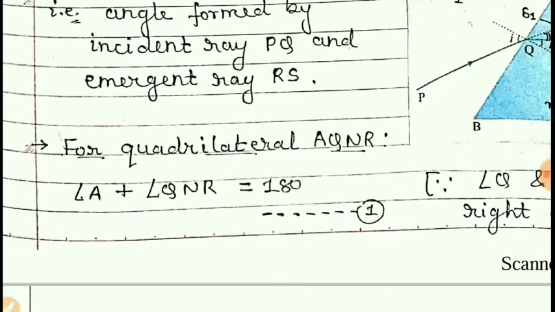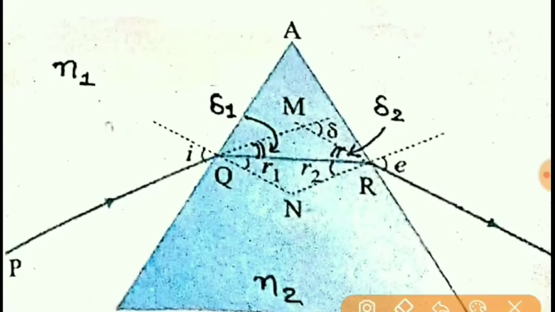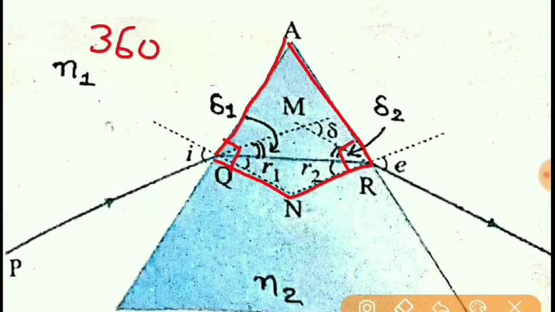Now let us start with the quadrilateral AQNR. Students, here you can see A, Q, and R. This is a quadrilateral. Here you can see this angle, they are 90. For this quadrilateral, these two angles are 90°. And we know that the sum of all the four angles of a quadrilateral is equal to 360. But as these two are 90, so 90 plus 90, 180.